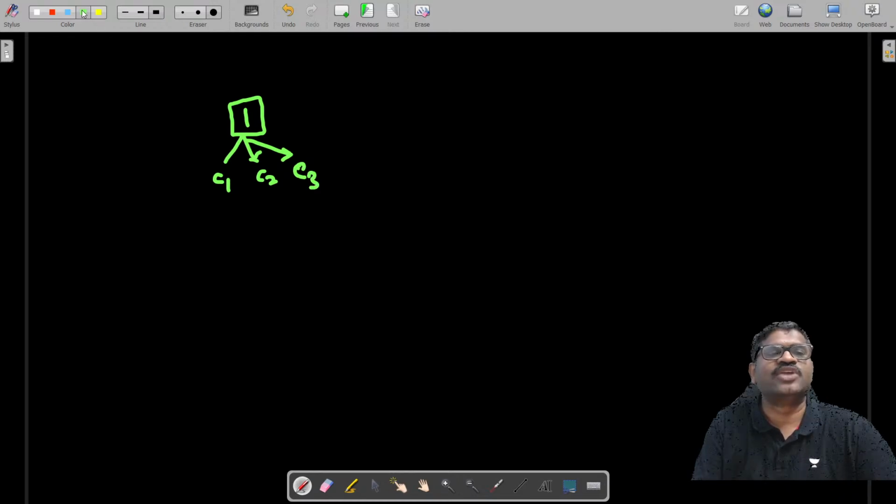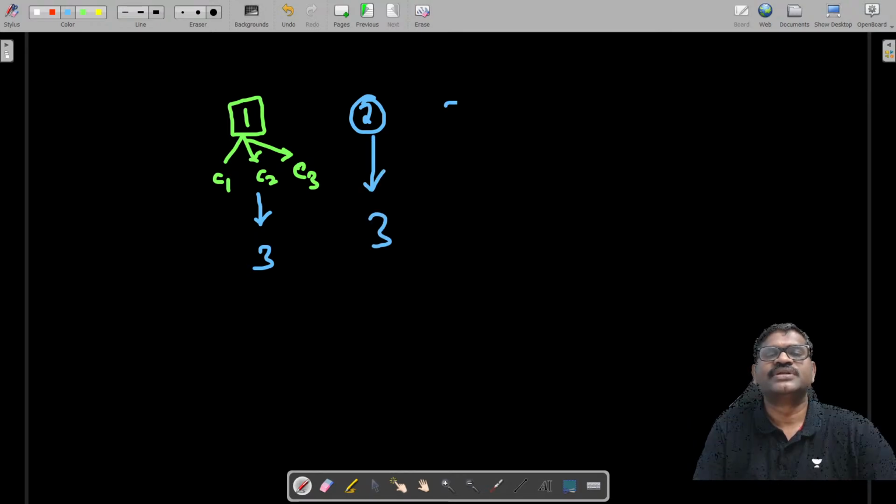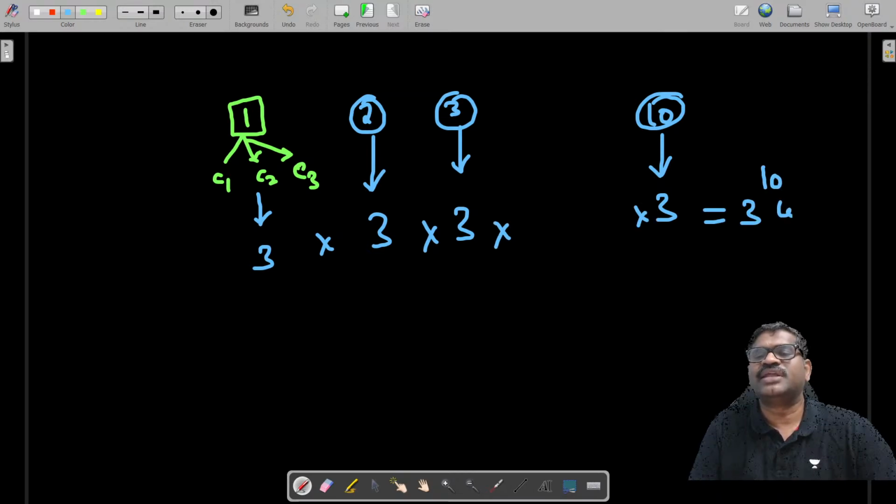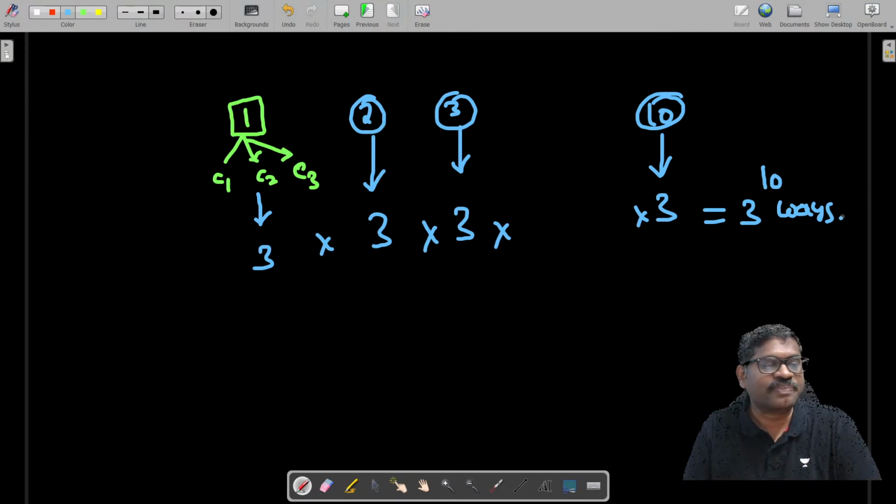First chocolate you can distribute to any one of the 3 children, 3 ways. Second chocolate 3 ways. Third chocolate 3 ways. 10th chocolate 3 ways. So 3 into 3 into 3, 10 times, 3 power 10 ways.